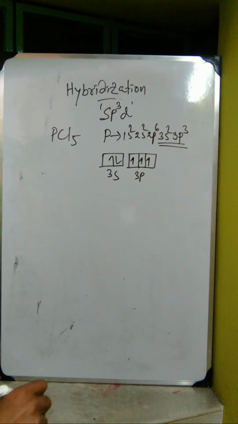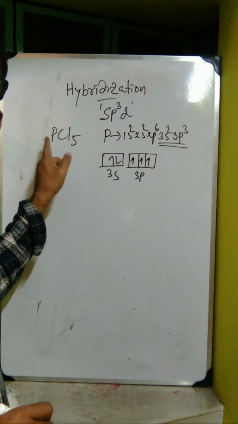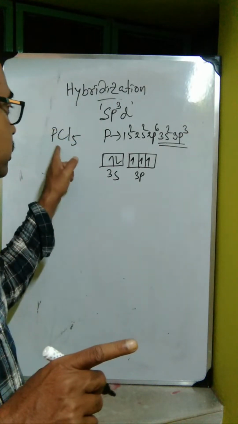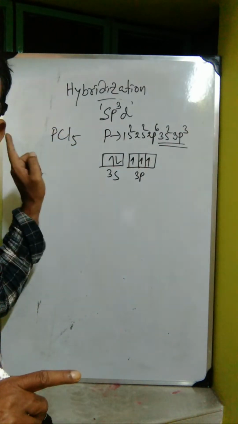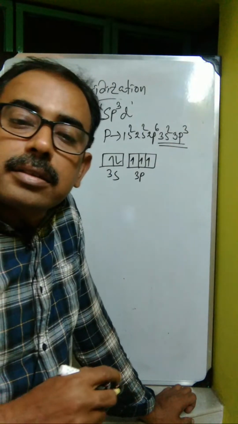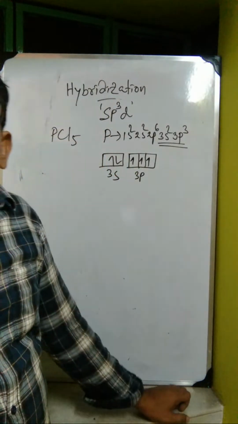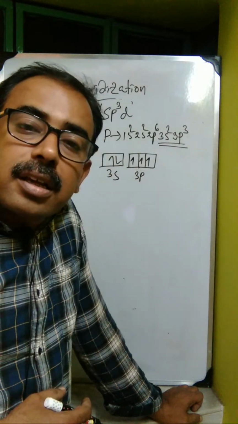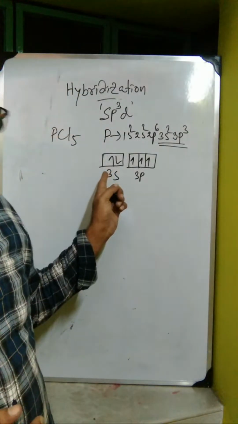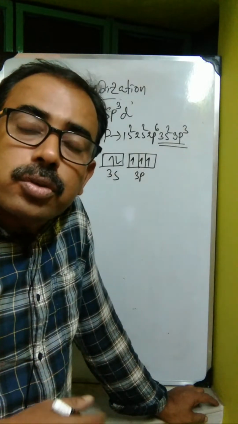unpaired. Now here phosphorus pentachloride has already made 5 covalent bonds. Only unpaired electrons can form covalent bonds. Since this is already formed, 5 unpaired electrons must be there at the outermost shell of phosphorus, but we can see only 3 unpaired electrons are present. Now where do the other 2 unpaired electrons come from? They come from the 3s orbital. Since the third shell also has 3d orbitals, phosphorus has vacant 3d orbitals. How many d orbitals are there? 5.